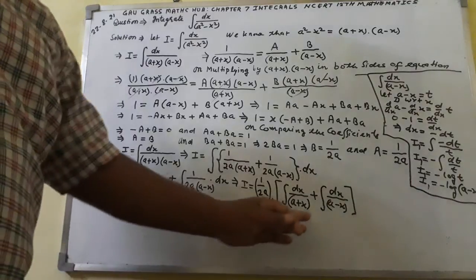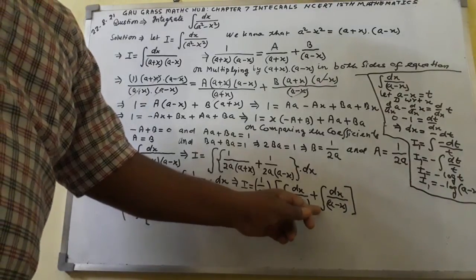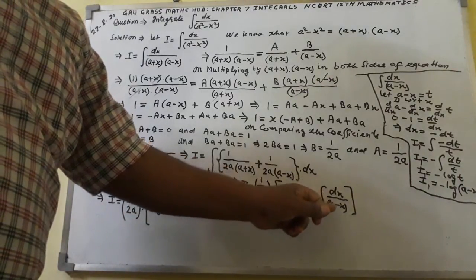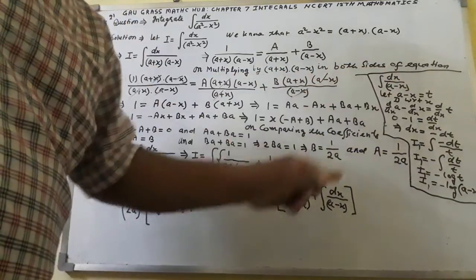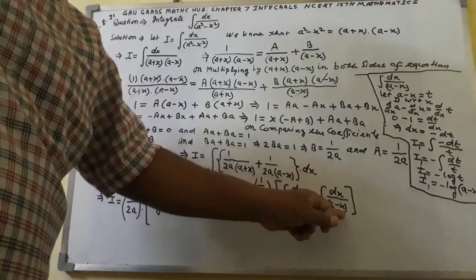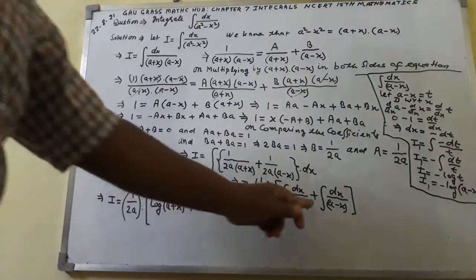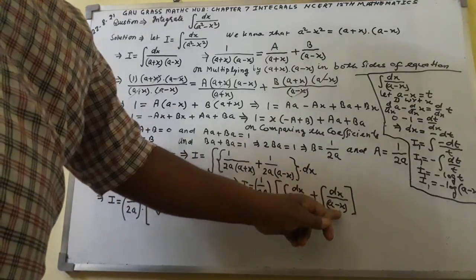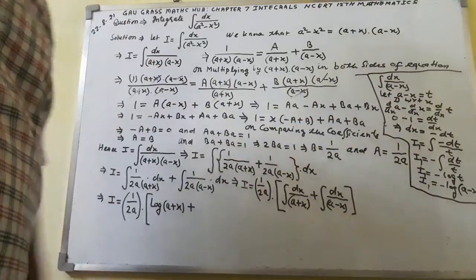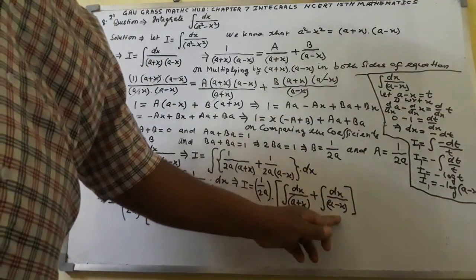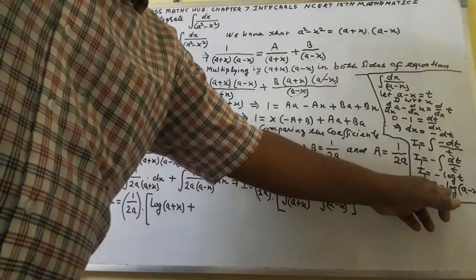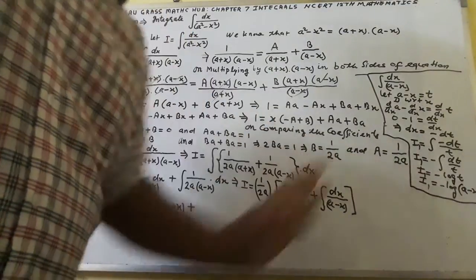Same way here you can see integral dx over a minus x. So in place of integral dx over a minus x, I shall write minus log a minus x.